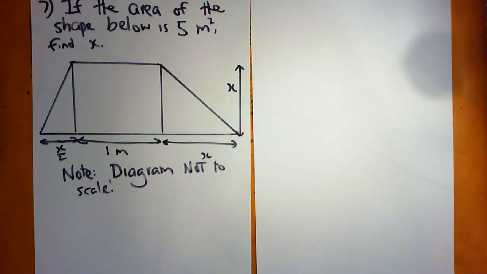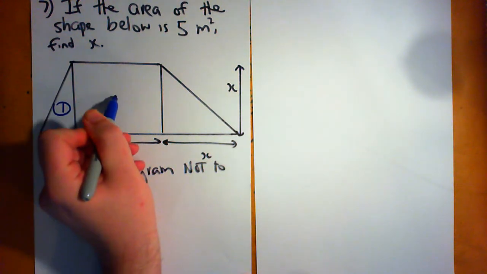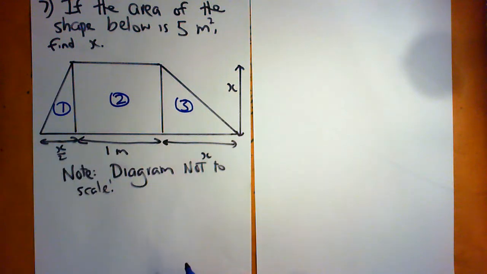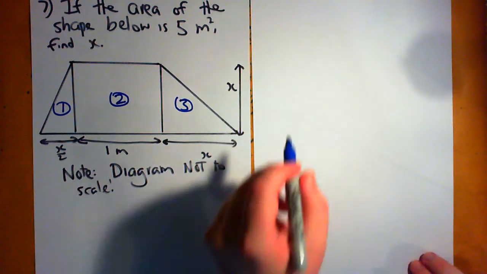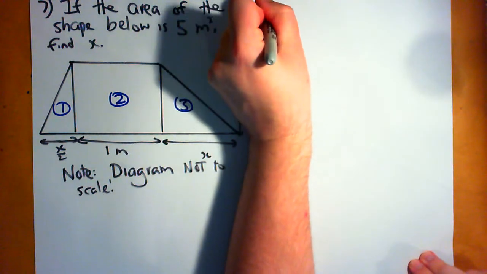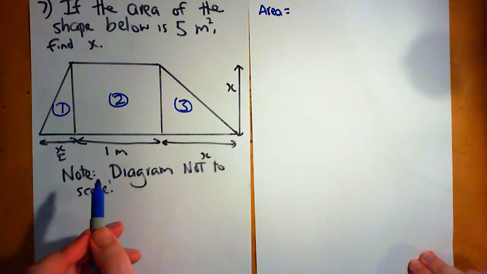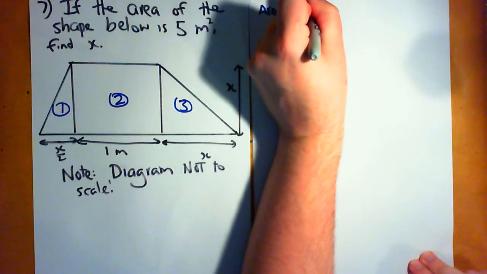So let's break this up into its three shapes that make it up. That's going to be shape 1, the rectangle will be 2, and the right hand triangle will be shape 3. So for shape 1, what's the area? It's a triangle, so its area is half base times height.